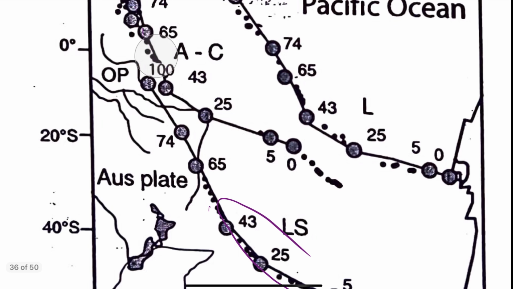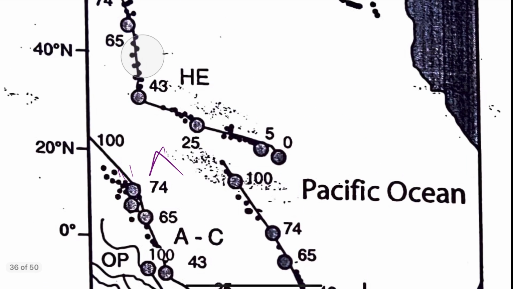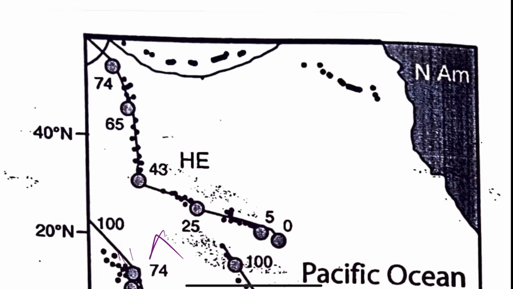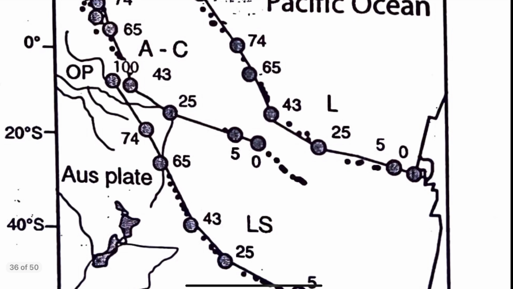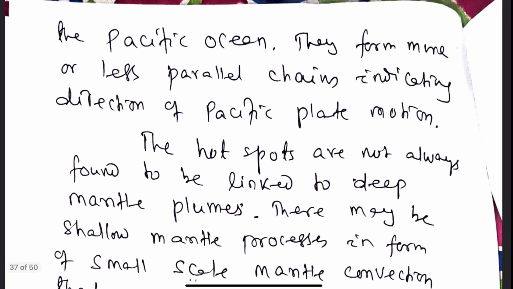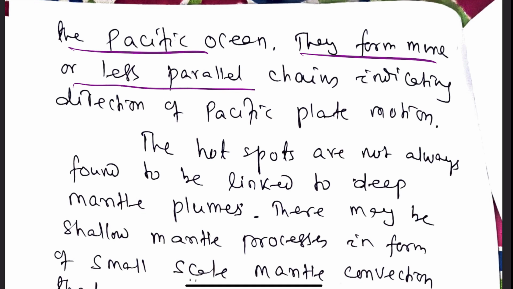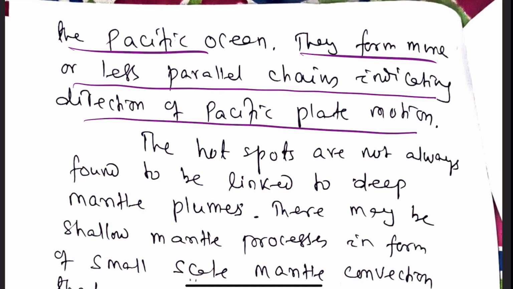So hotspots form the volcanic chains of mountains, and as the mantle plumes are found to be fixed and the lithosphere plates move over it, we find a series of volcanic islands. So we find these volcanic mountains in the Pacific Ocean. They form more or less parallel chains indicating the direction of Pacific plate motion.